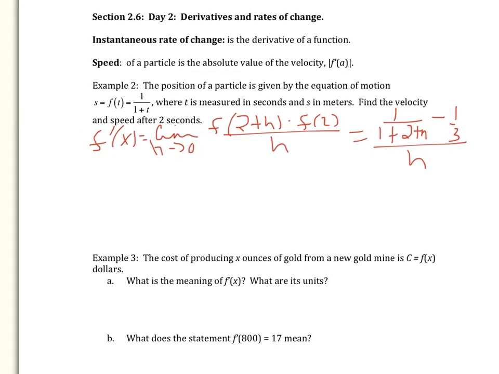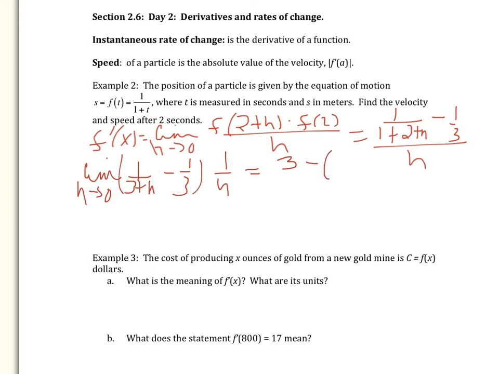All right, so really this is equal to the limit as h goes to 0 of 1 over 3 plus h minus 1 over 3, and that whole thing times 1 over h. If you remember last week, we talked about that when we divide by h, we're really multiplying by 1 over h. All right, so looking at this, if we get an LCD, we know that first fraction is missing the 3.